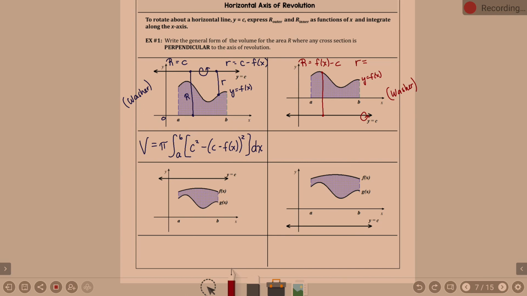Negative c. Yeah. I just have c, and I'm trying to decide how I want to go about this.